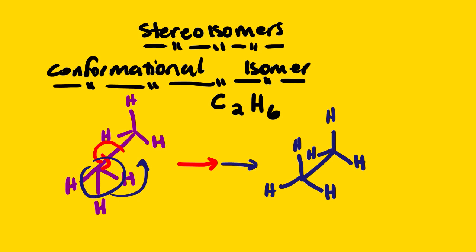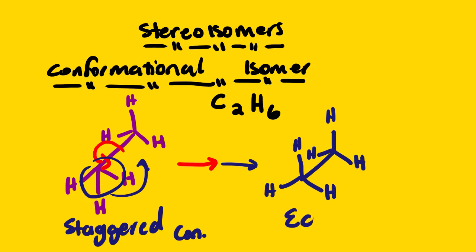So the two are actually isomers, specifically conformational isomers. We know that from the Newman projection, this is a staggered conform, and then this will be eclipsed, totally eclipsed conform. So the two are conformational isomers.